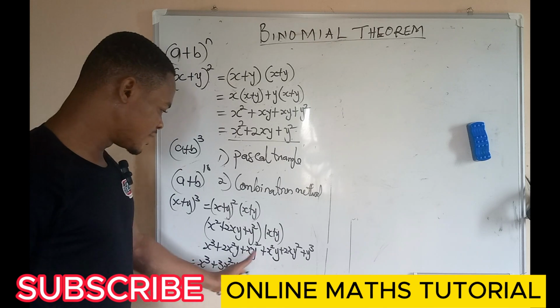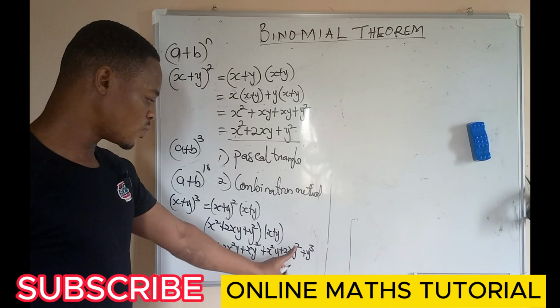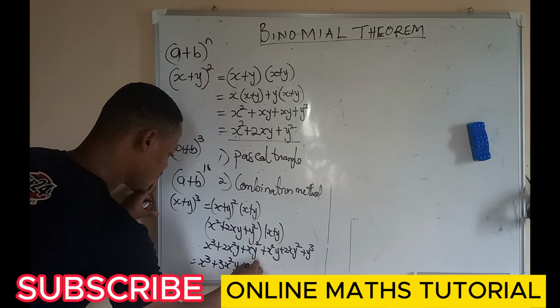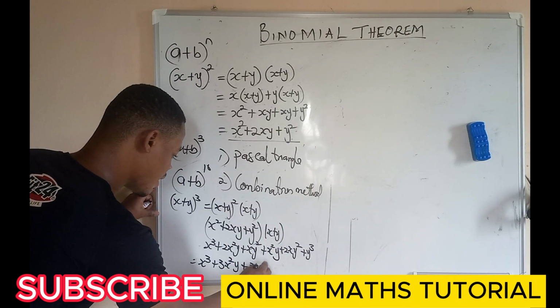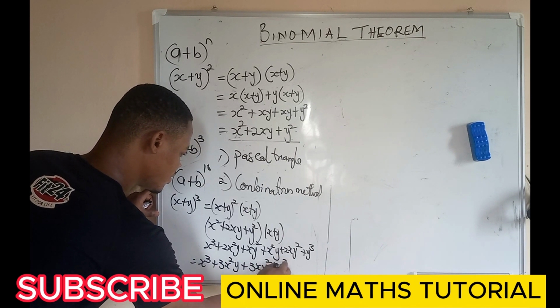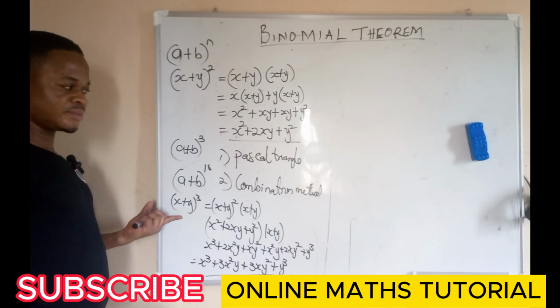We can equally add xy squared and 2xy squared, and when we add, we have 3xy squared, plus the last one, y raised to power 3. So in that case, we have expanded this.